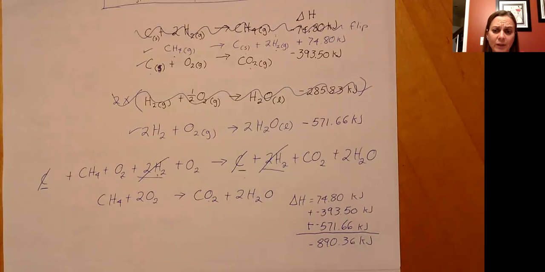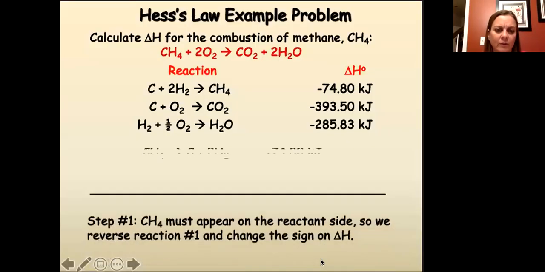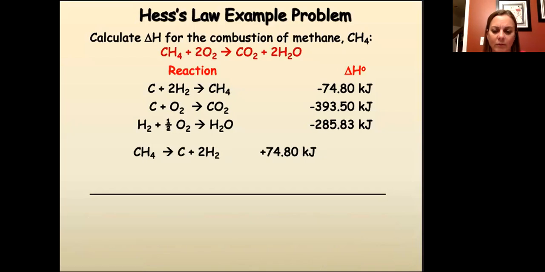Okay, there's one more application of Hess's law that we are going to jump back to. So let me one more time share the screen here. Okay, so there's our walk through that whole process.